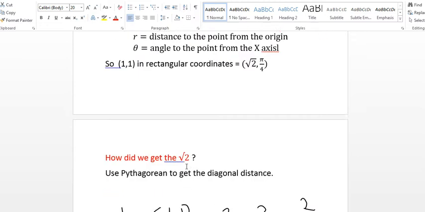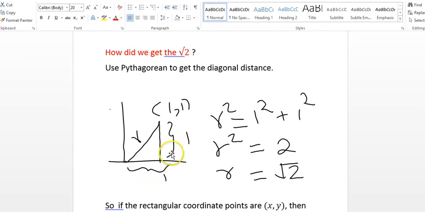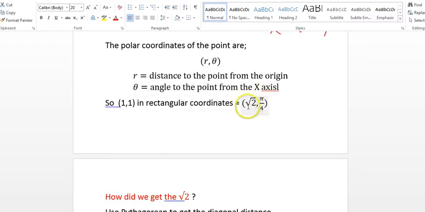If we want to find r, we can use the Pythagorean theorem for the rectangular coordinates, and then we get 1 squared plus 1 squared equals r squared. So r squared equals 2, which gives you r equals square root 2. So that's how we get the first polar coordinate, which is square root 2.